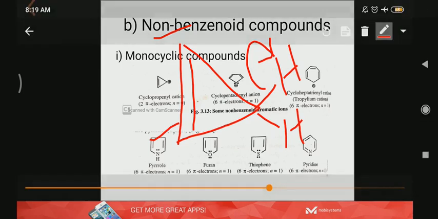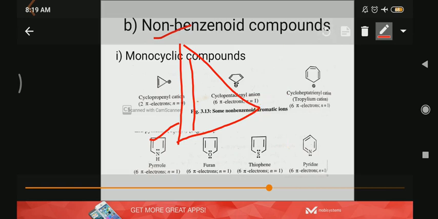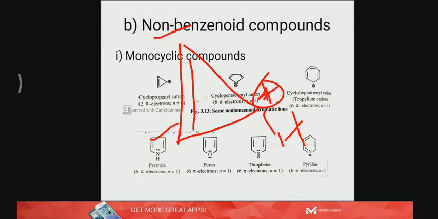So there will be a positive charge on this carbon. That means it becomes a carbocation.